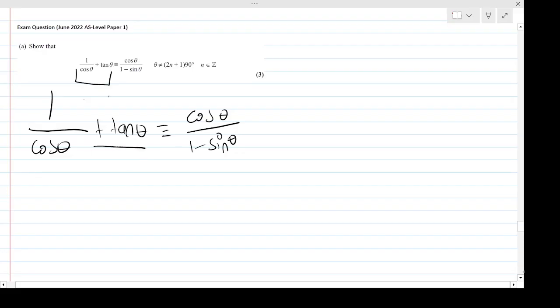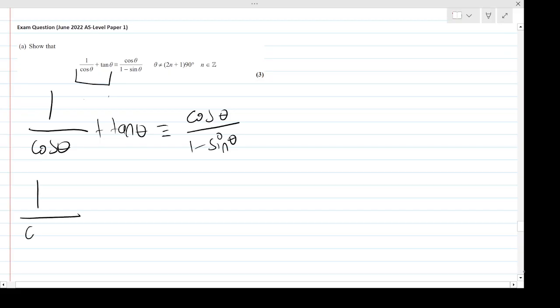It's a lot harder to split up a fraction in this way, because obviously we have 1 minus sine theta. We can't split up a denominator, right? Only a numerator. It's a lot easier to combine this side as just one fraction by adding them together, right? So I'm going to start with that then.